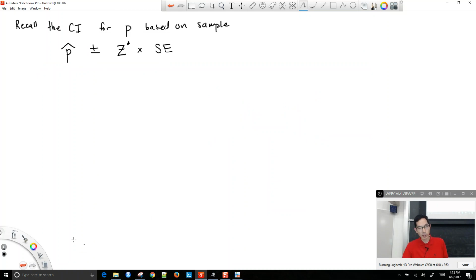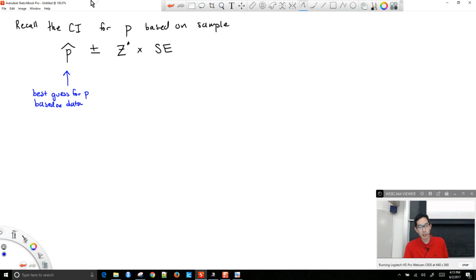I want to label each of these parts here. P hat is our best guess for p based on the data. We're trying to make a confidence interval for the value p. P hat serves as our best guess for p. What's the proportion in the population?